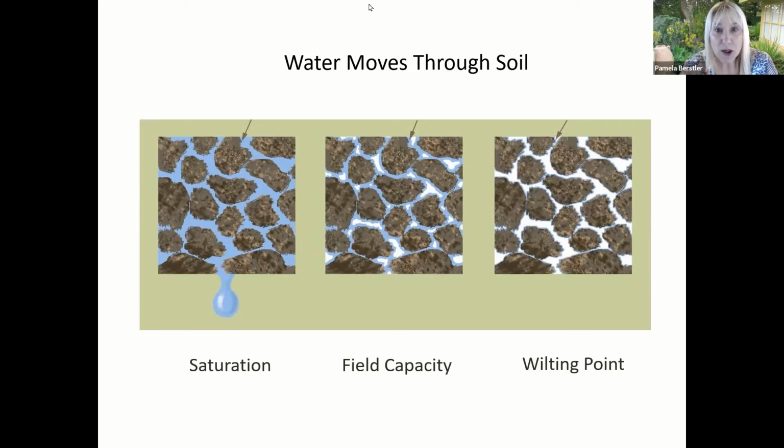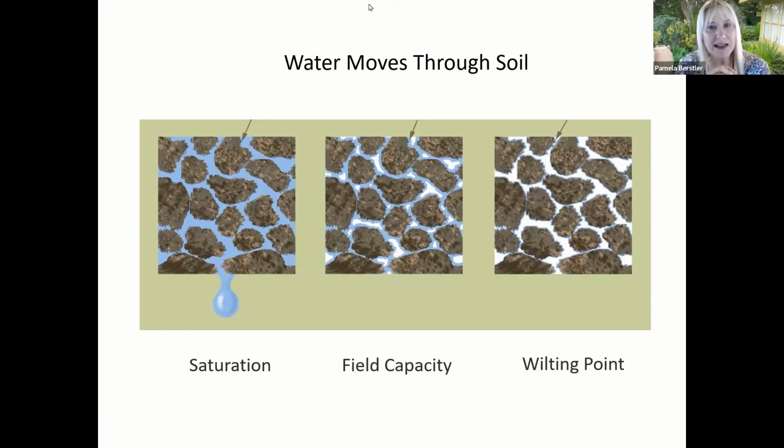And then we have something called wilting point, or sometimes called permanent wilting point. The wilting point is when so much water has either drained out of the soil or has been extracted from the soil by the plant that the available water in the soil is no longer available to the plant. There may be water in that soil, but it's really just a very small film that is attached so strongly to the particles in the soil that the plant can't overcome that bond.